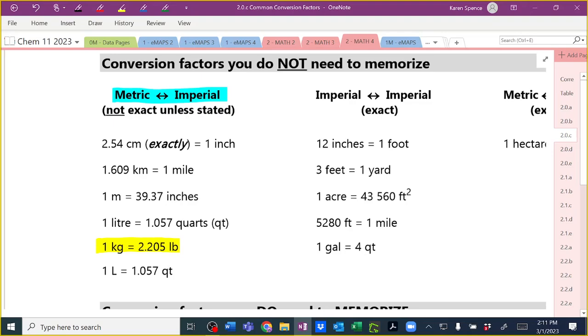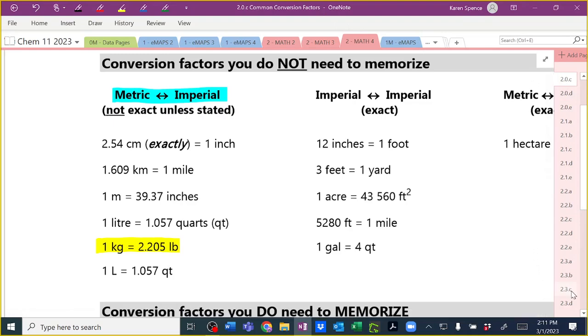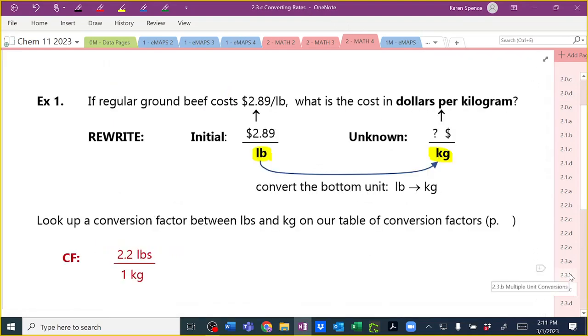Okay? Back to our question now that we've looked that up. And I think I wrote this down wrong, 2.205. That should be a 2.205 there, pounds per kilogram.